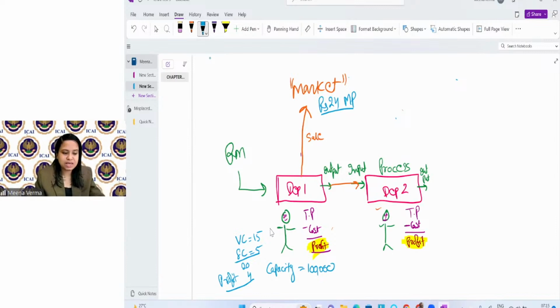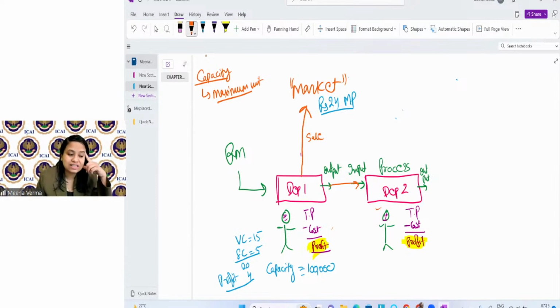Now, what is capacity here? Ma'am, you wrote a word here, capacity. What is the meaning of capacity? So capacity means what, ma'am? Capacity means the maximum unit that you can produce here. Right? Capacity means the maximum production, the maximum units that you can produce here. All right.